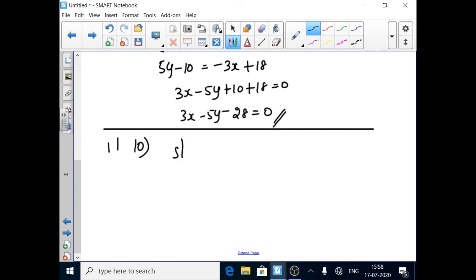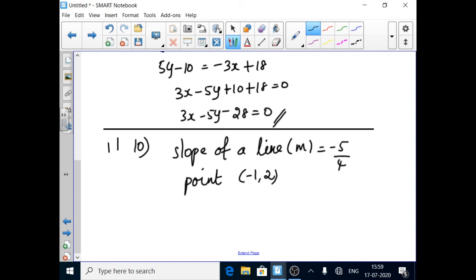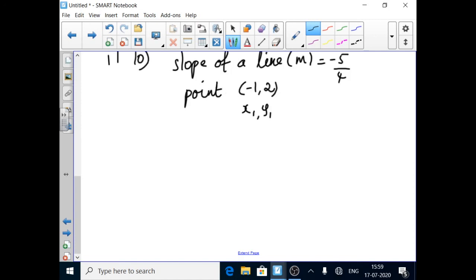So the slope of the line, that is m, is equal to -5 by 4. Then the point they have given is (-1, 2), that is x1, y1. So the equation of a line.